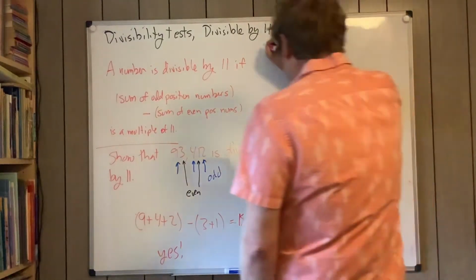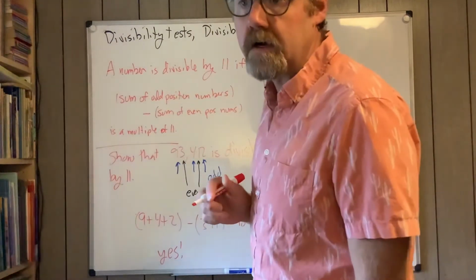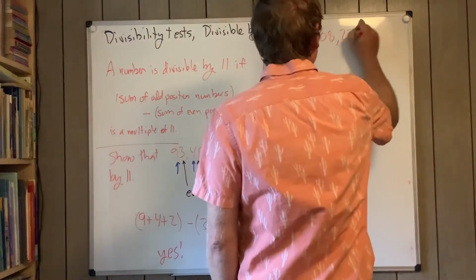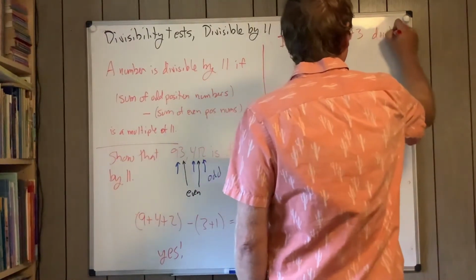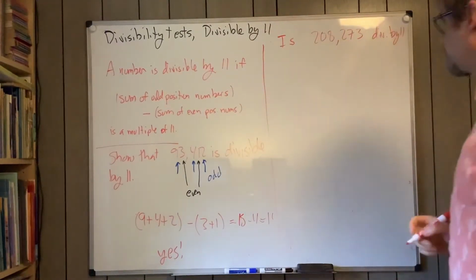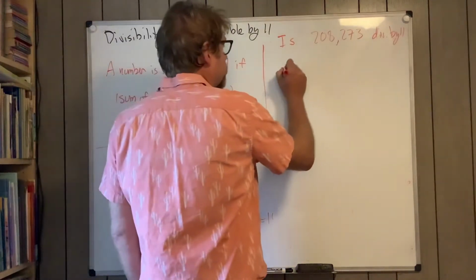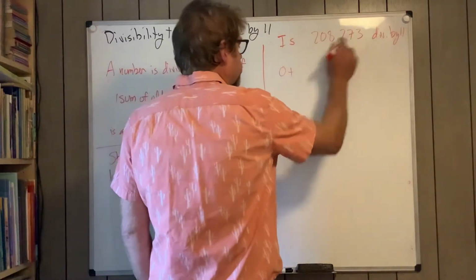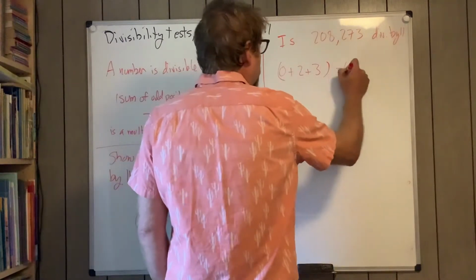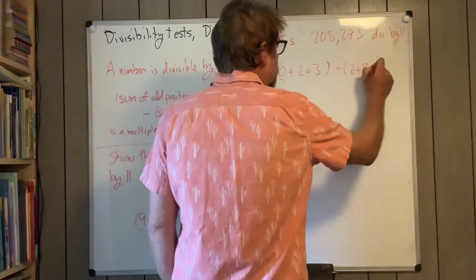All right, let's do another one here. I'm going to do 208,273 divisible by 11. Here's what I'm going to do. The odd positions, 0 plus 2 plus 3, minus 2 plus 8 plus 7.